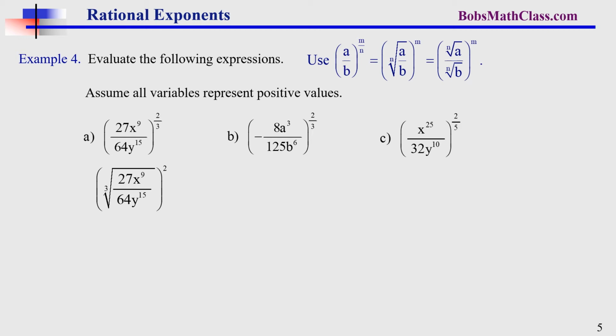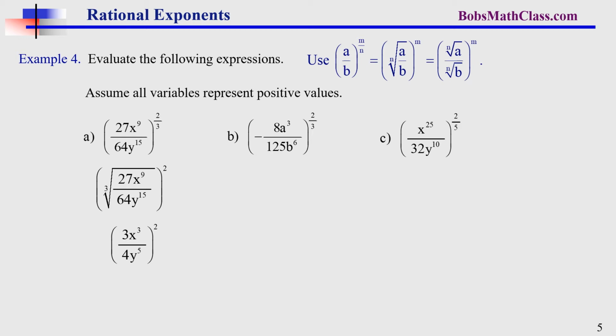On the bottom, cube root of 64 is 4. And then 15 divided by 3 is 5. So you should have 3x to the third over 4y to the fifth, all of it to the second power. Okay, now we're going to simplify this expression.